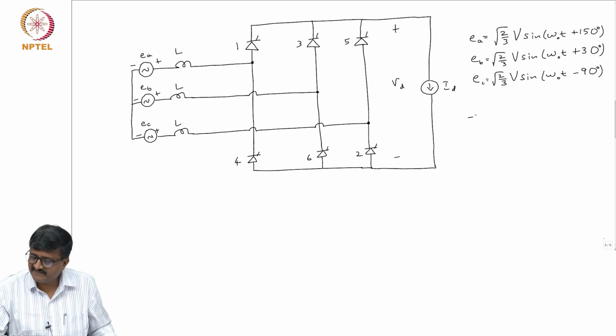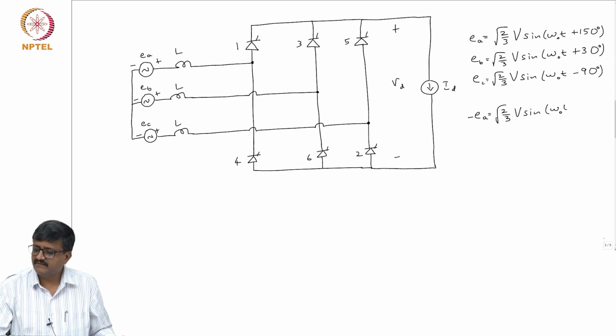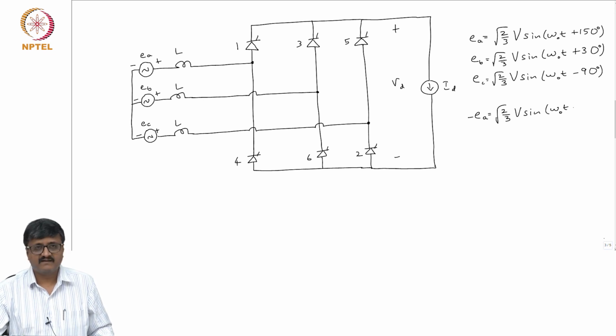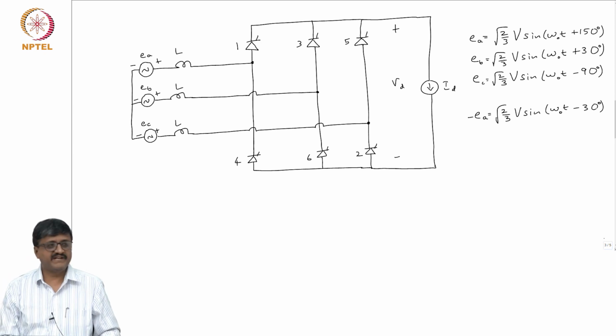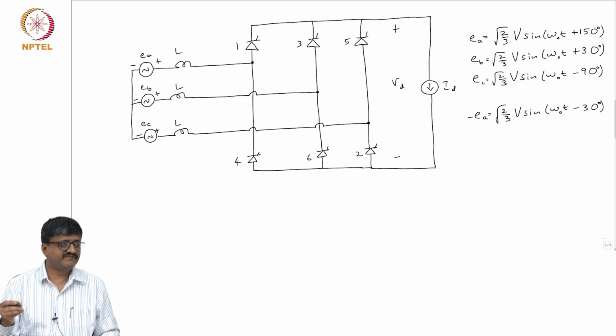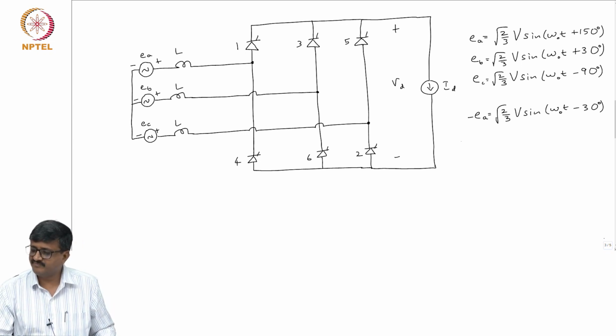So, minus EA is root 2 by 3 V sin omega OT, what is the phase angle of minus EA? If I restrict the phase angles to be within minus 180 and plus 180, it is minus 30.